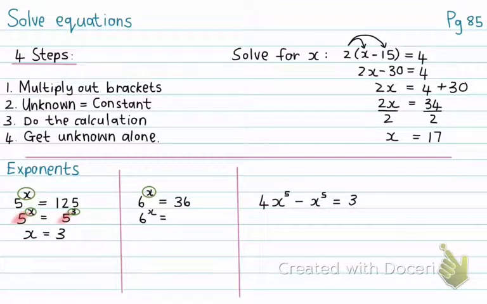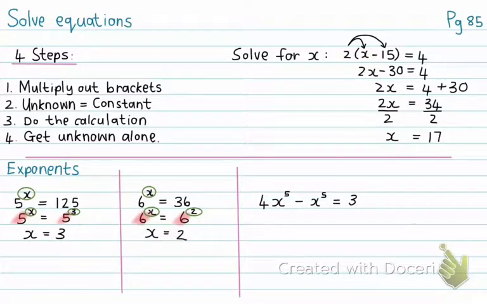Right? So 36, how can I write 36 as an exponent? It is 6 to the power of 2. Now again you will see that both my bases on both sides of the equal sign are the same, so I can just throw them away and keep the exponents, so then I know x is equal to 2.